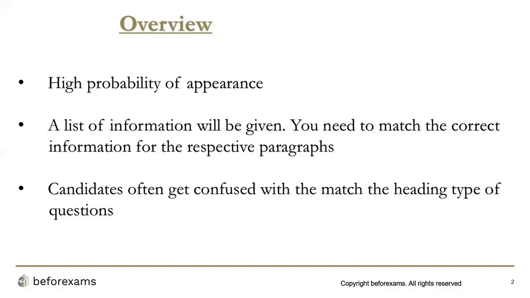So we can talk about a single piece of information from the passage which could have no connection with the main idea of the passage. So this is the difference between the heading type of questions and the match the information type of questions.